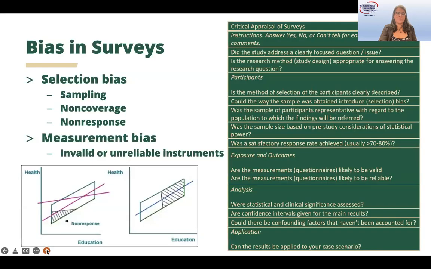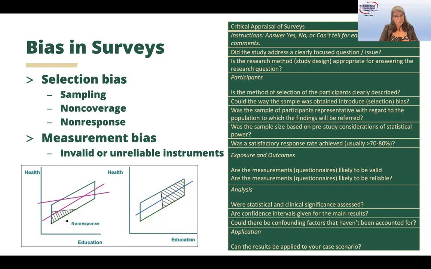We need to be careful when doing surveys because we could be introducing bias, depending on the way we select our sample or the way we measure our phenomenon. Different biases: selection bias, sampling bias, non-coverage bias, and non-response bias. You can read more details about those on the Canvas website for the Coho Institutes.